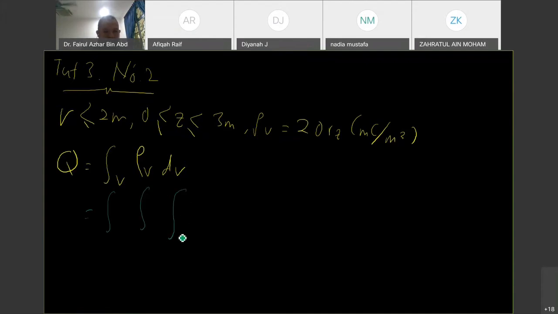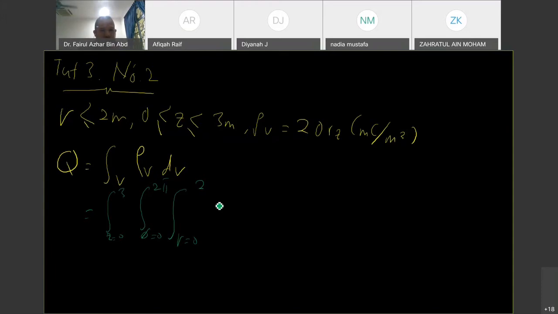R is from 0 until 2, as the radius of that cylinder is 2 meter. Phi is from 0 until 2 pi, considering the full structure of the cylinder, and z is from 0 until 3.